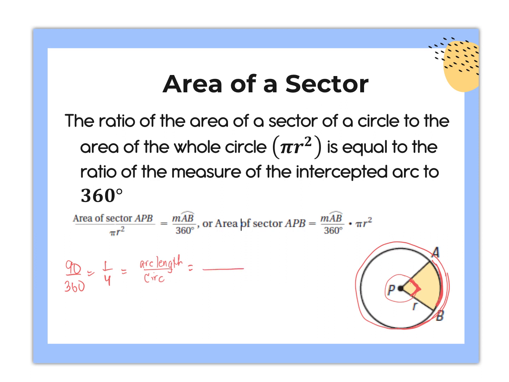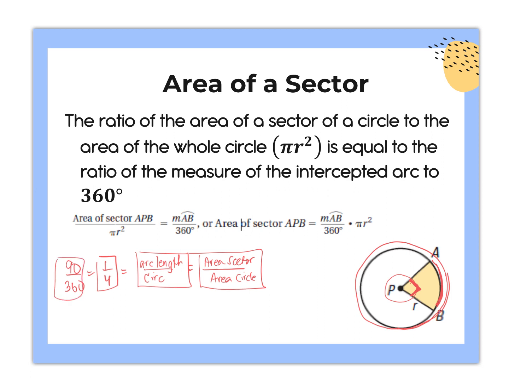And then we learn in this chapter that the area of the sector is going to have the same ratio, 1/4, to the entire area of the circle. So yet another proportion. All of these are going to end up being the same ratio of 90 over 360, or 1/4.